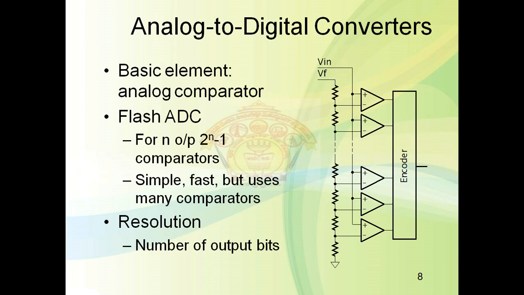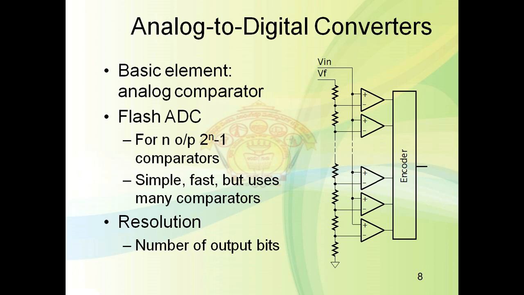So they are suitable for converting wide bandwidth signals such as those from high definition video cameras. They can be used in high definition video cameras, radio receivers, radars, and so on.